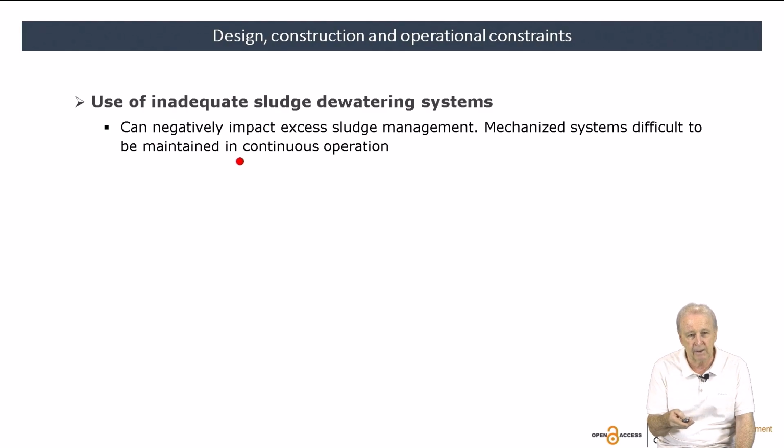So pay attention when using mechanized systems to be sure that they will be working properly and continuously, because if the mechanized system is out of operation, you cannot remove excess sludge, and this excess sludge will be removed via the effluent, deteriorating its quality.